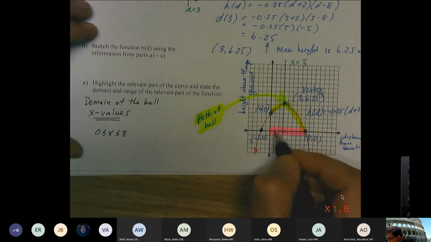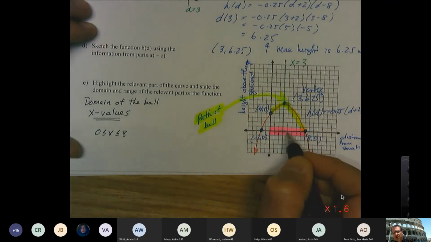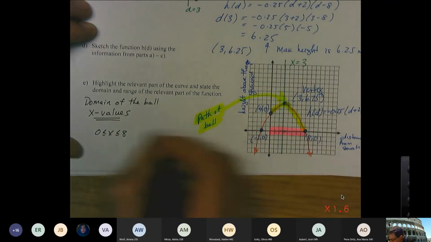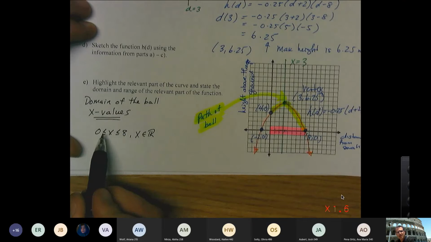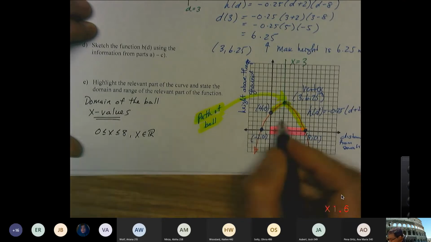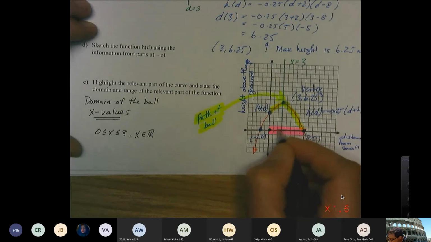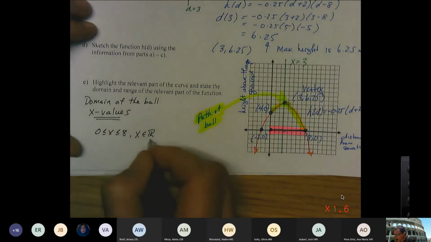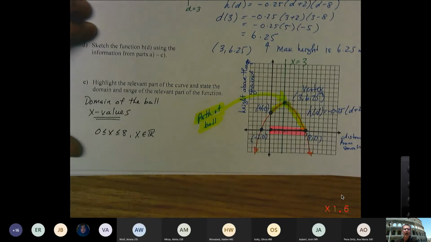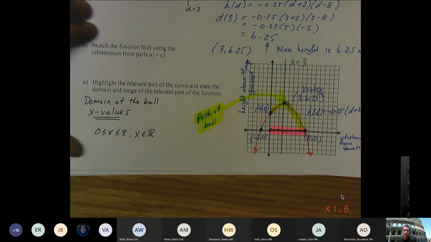And all the numbers in between, all the fractions, all the negatives are included. So it's all the numbers between 0 and 8, including 0 and 8, and all the real numbers. So every number in between except for the complex numbers.